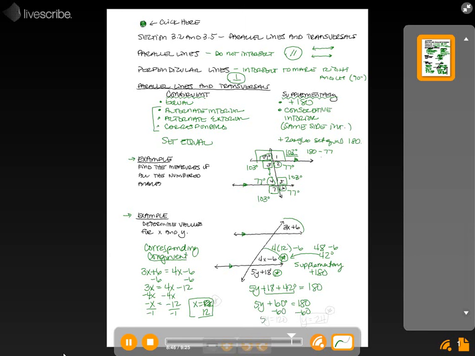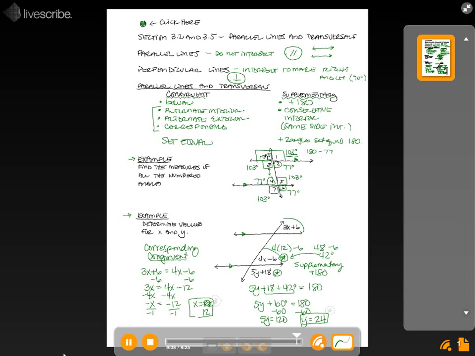Subtract 60 from both sides. 5y equals 180 minus 60 is 120. Divide both sides by 5 so that y becomes, how many times does 5 go into 120? Let's see, it goes into 12 twice. 24.